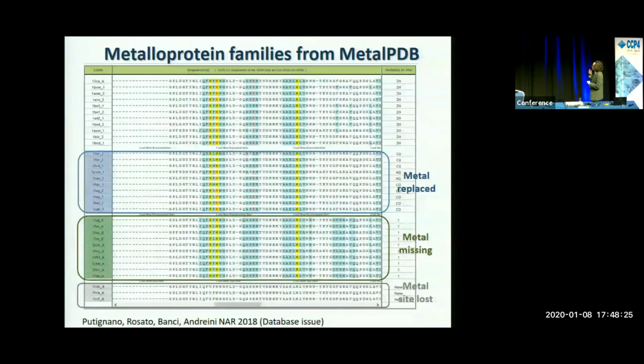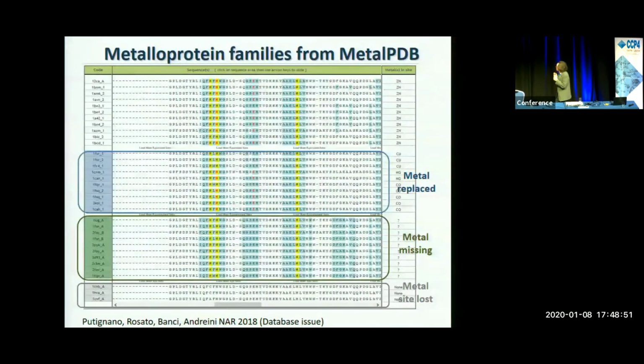Then there's structures where the metal is missing. So you have the amino acids that bind to the metal still present in the sequence, but the metal is not in the structure. So that can be a mistake or can be an experiment where people have crystallized the protein in absence of metal ions by depriving the protein, for example, with EDTA.